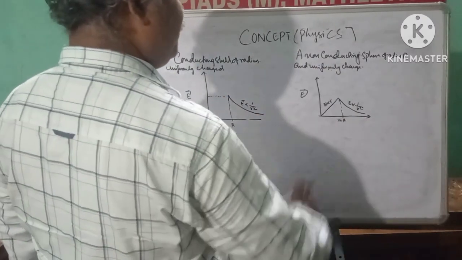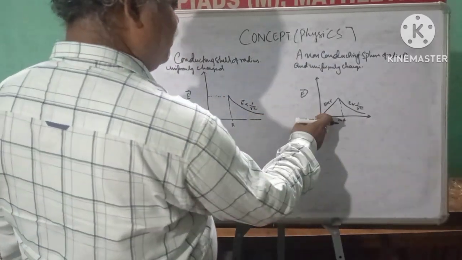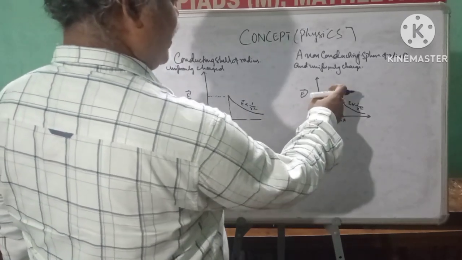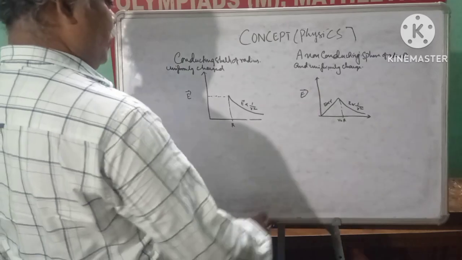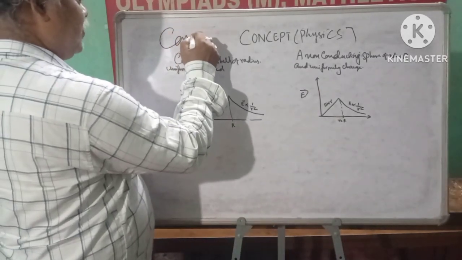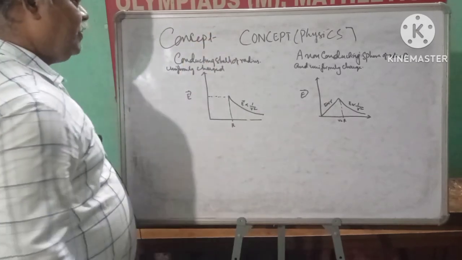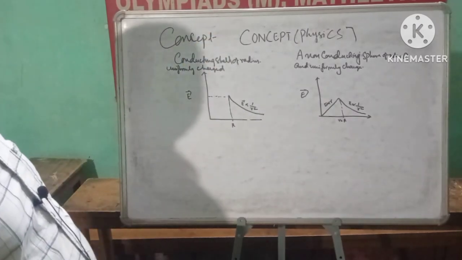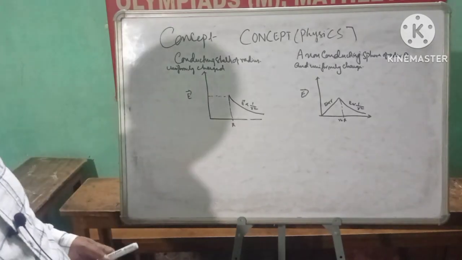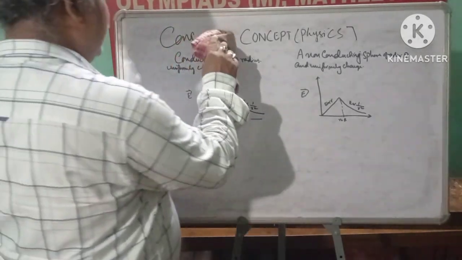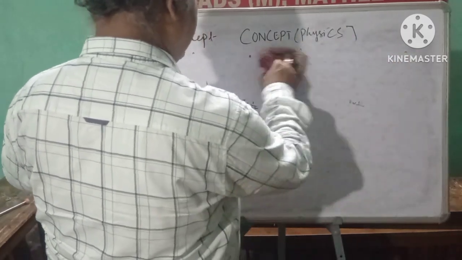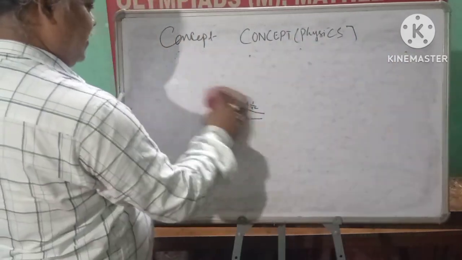But in case of a non-conducting sphere, your electric field is inside the sphere, proportional to r, and outside it is proportional to 1 by r squared. So this is the concept. These are all concepts which you must remember. Similarly, there is another concept; these are important concepts which make you understand the subject properly.